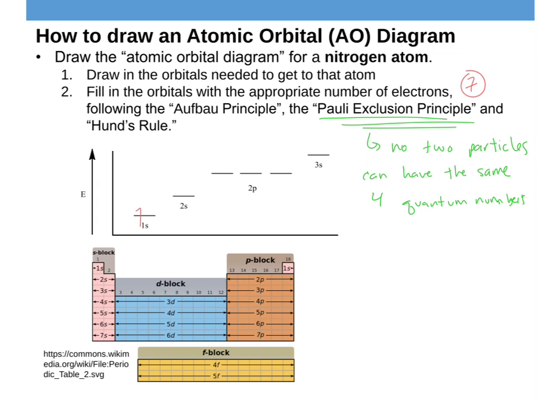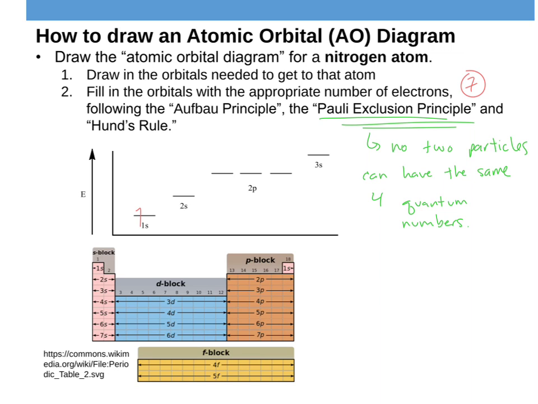Right, so every particle is going to have its own unique set of 4 quantum numbers. So the Pauli exclusion principle says that once a set of quantum numbers is used, it is excluded from being used by anything else. You can't use those same 4 quantum numbers.